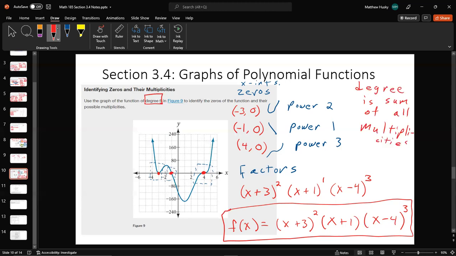Multiplicities is just way too long of a word. Anyway, it's the sum of all multiplicities. So what do I mean by that? Here's 2, 1, and 3. And lo and behold, 2 plus 1 plus 3 equals 6. And boom, there you go. That is the degree. The degree is 6. You add up all the multiplicities, you get 6. There you go. That would be a polynomial that would roughly match the graph that they have given us.